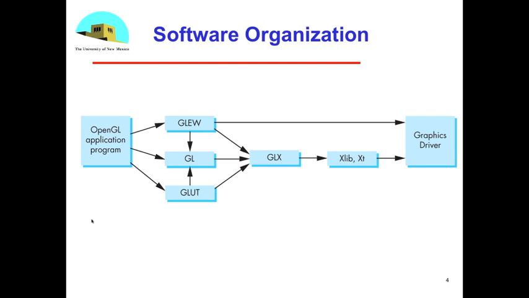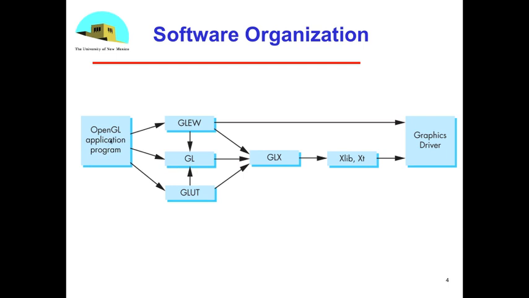Then if you were running on a Linux system, you would probably be using X underneath, so there'd be another library here, GLX, which would glue everything together between the OpenGL side and the X Windows side. And finally, things would go out to some drivers. So in one sense it was a kind of complicated model because you needed all of this stuff.